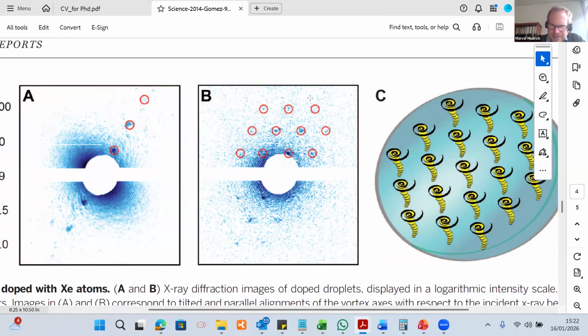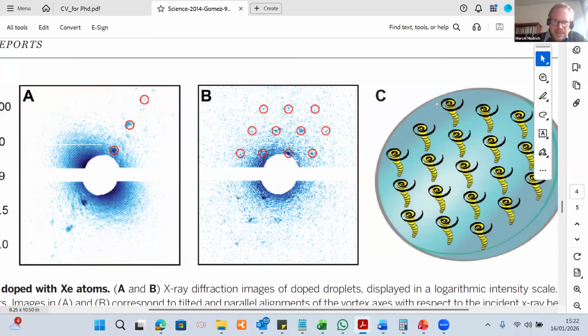But in a way, it is a crystal, because these vortices repel each other. They interact repulsively, meaning they try to arrange themselves in a geometry such that the overall energy is minimized, which means they all want to sit at maximum distances from one another.